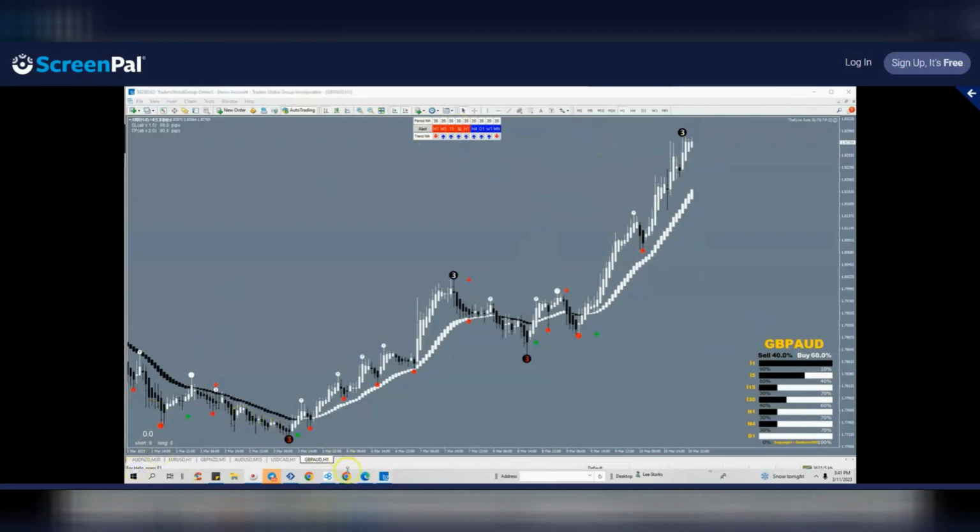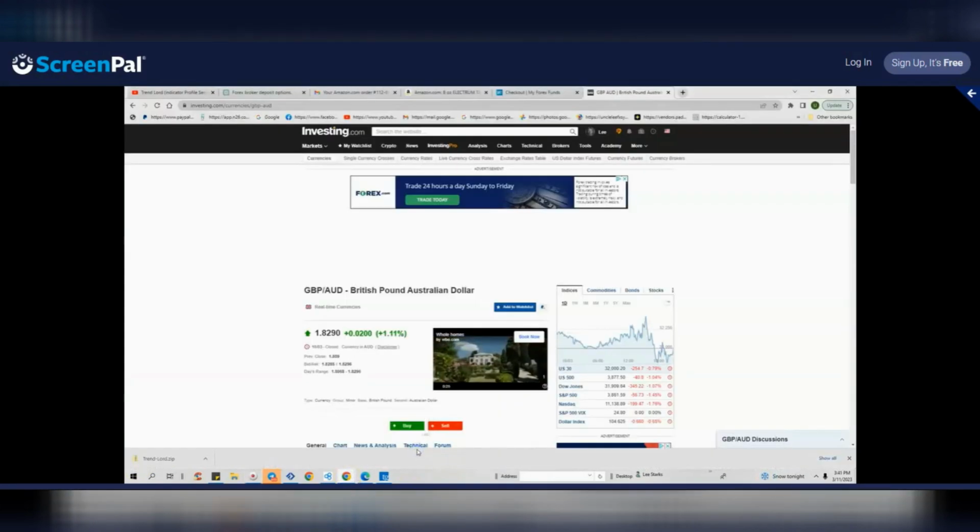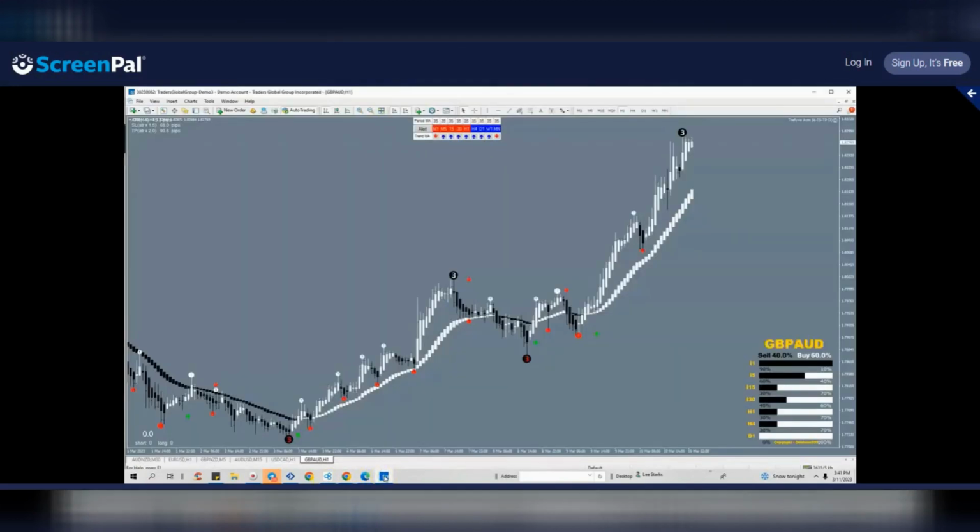Okay, here I am. I'm back. I just want to show you where I go. I go right up here to investing.com. We are looking at GBP AUD. Before I place a trade, I want to see what the sentiment of the trade is for the day with the other traders.